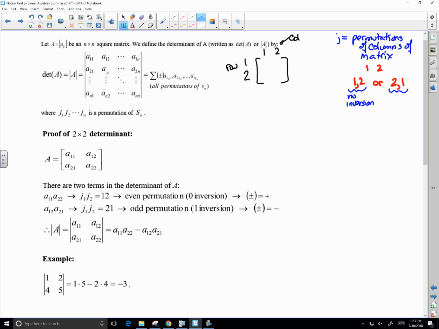This has 1 inversion. This would be a positive product. This would be a negative product. An even number of inversions is positive, and 0 is considered even. Fun fact for the day. 1 odd number of inversions would be a negative product.